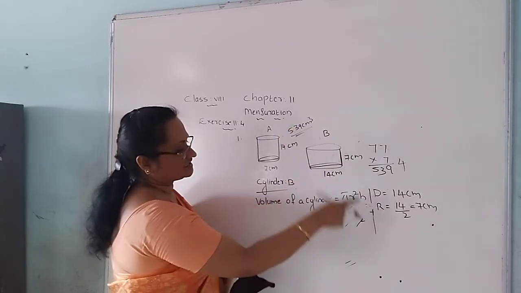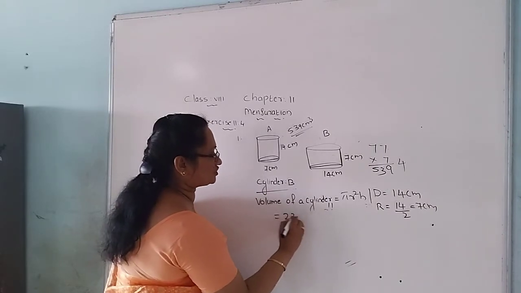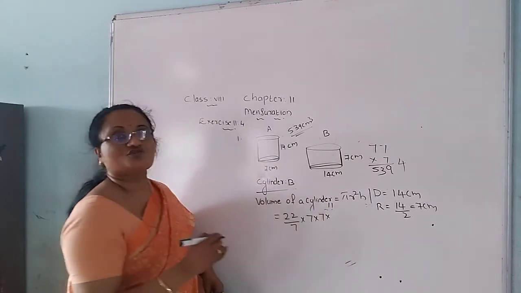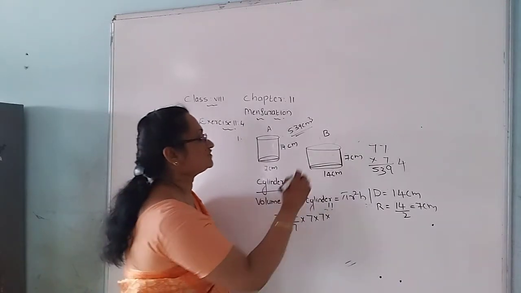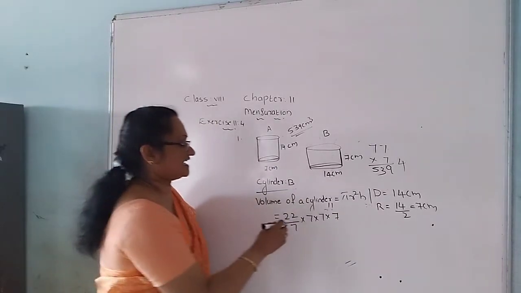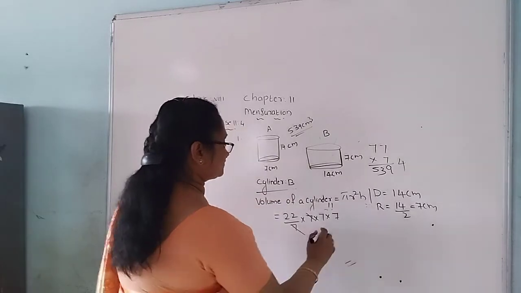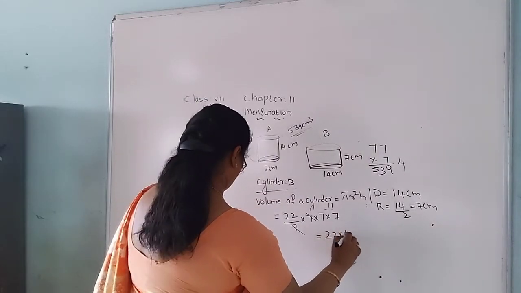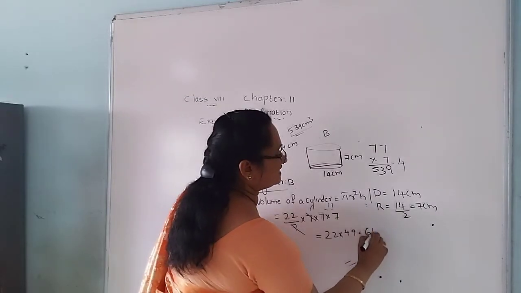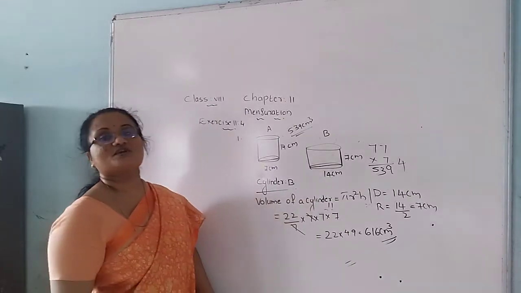Pi is 22 by 7, radius is 7, r square is 7 times 7. The h value is also 7. Cancel 7 and 7. Remaining 22 into 7 sevens, which is 14, and multiply. The answer is 616 centimeter cube, a cubic unit.